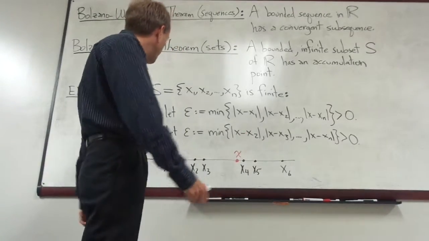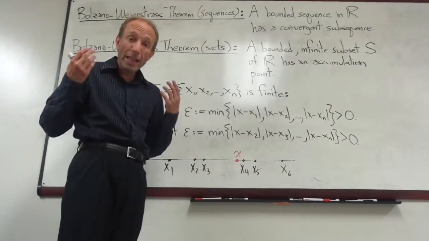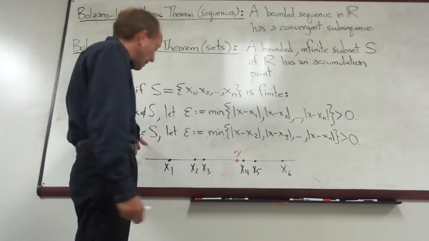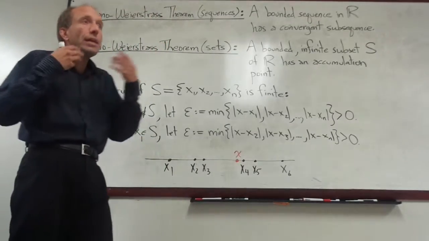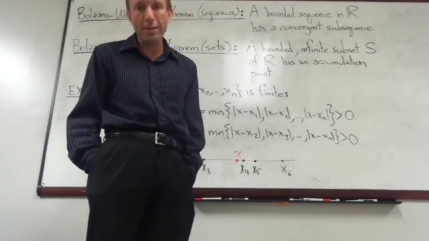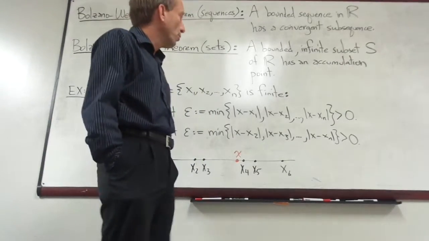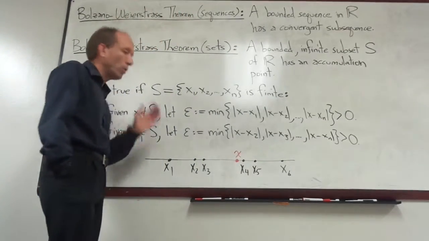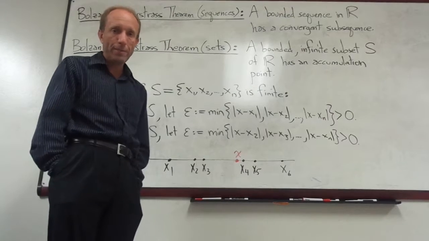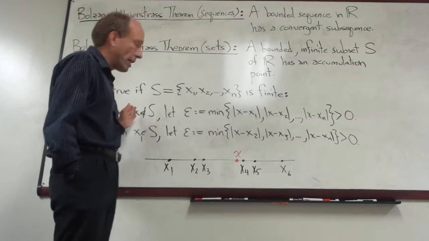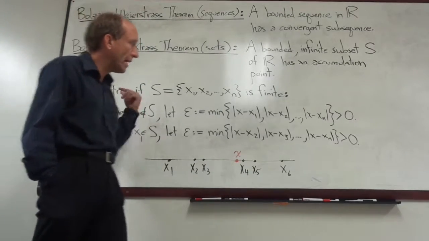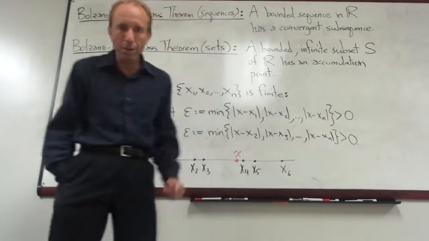Again, the intersection of that neighborhood with S will be just x1 alone. It will not include any other points of the set besides x1. So again, x1 will not be an accumulation point. Okay? So if you take a real number and it's not in the set, then it won't be an accumulation point.